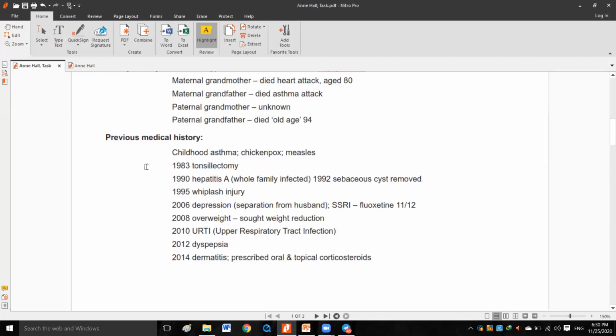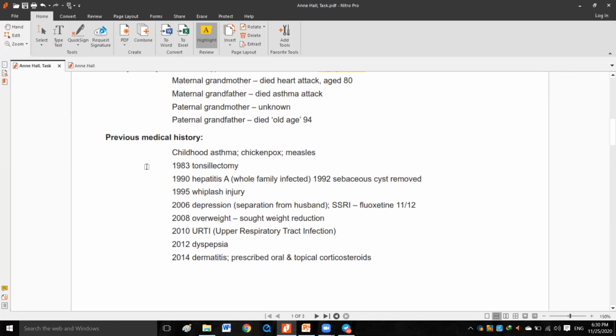Previous medical history. Childhood asthma is irrelevant. Chickenpox, measles irrelevant. Tonsillectomy irrelevant and a very far past history. Hepatitis irrelevant. Subcutaneous cyst removed, irrelevant.